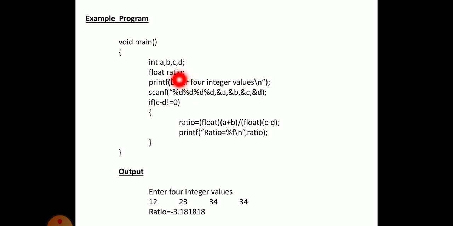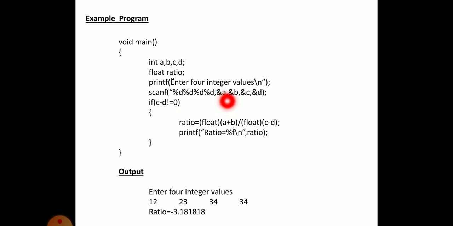In this we have declared A, B, C and D as integer values. So we specify %d. 4 %d's are given as the first argument. That means the values following, or the second part of the argument, are integer values. So to accept integer values from the keyboard, we make use of %d.